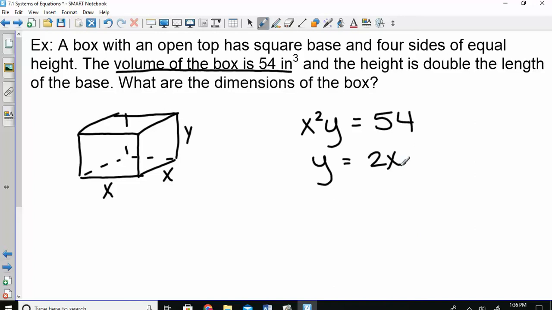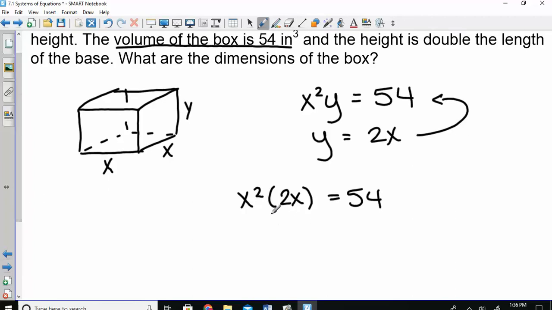Yep, so we could substitute that into the first one. So that's x squared times 2x equals 54. X squared times 2x would be 2x cubed. Divide by 2. How do you get rid of a cube?